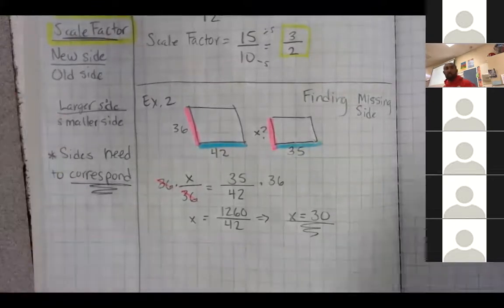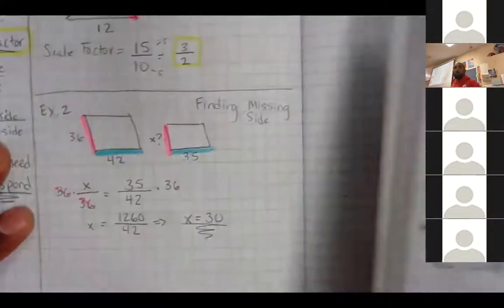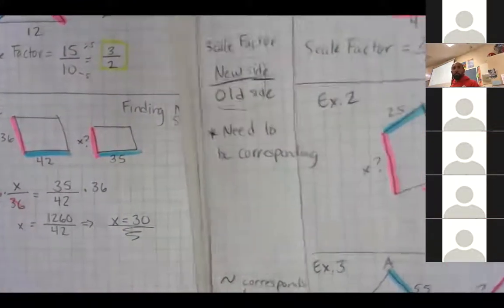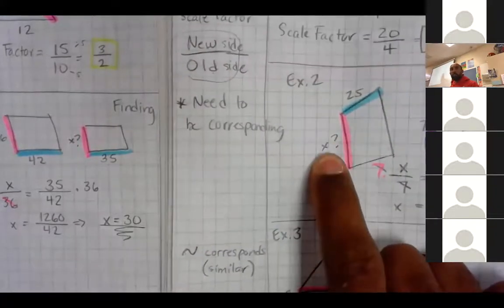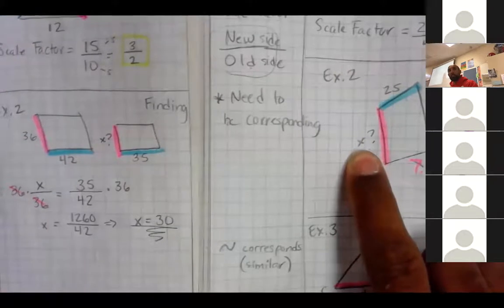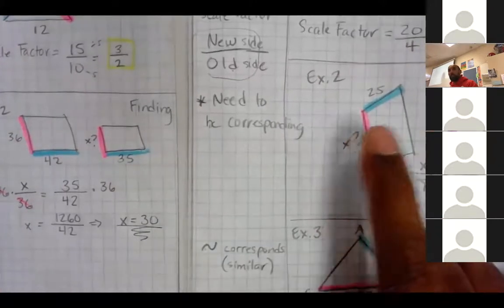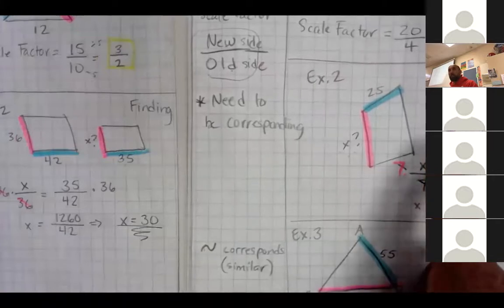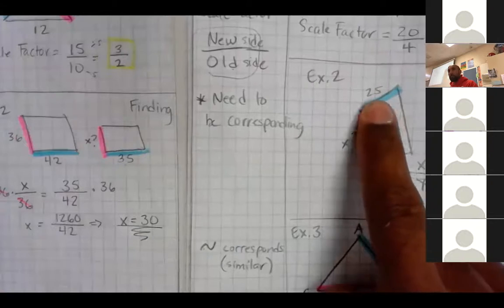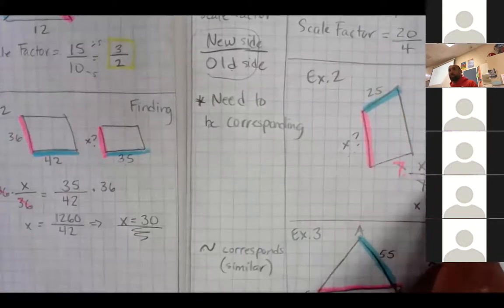Now I'm going to try to see if I can show this kind of side by side from the example I showed in the notes earlier today. And notice again, here was the missing side on the shape on the left. But I put that on top first, and then I put the corresponding side on the bottom. And then again, I went back to that first shape that has the missing side, and that number goes on top on the other side of the equation.